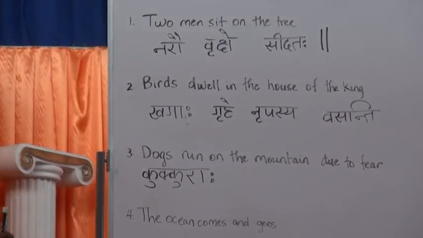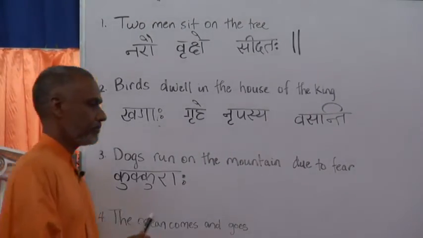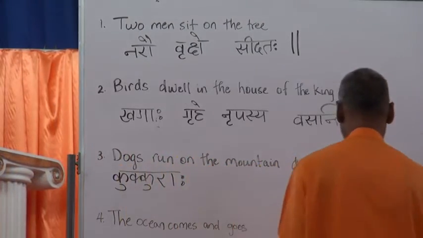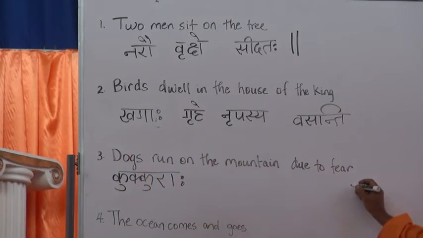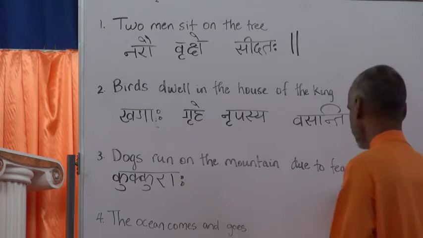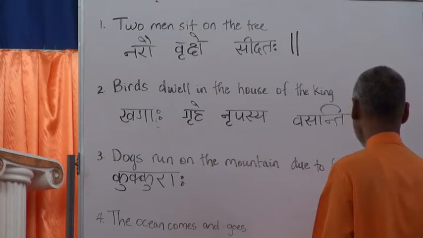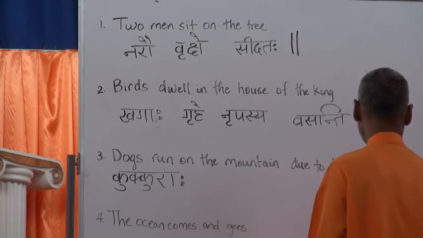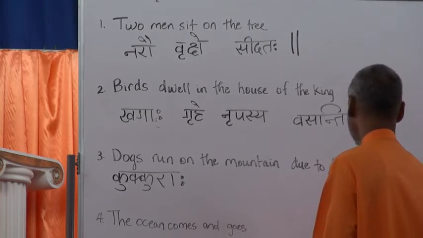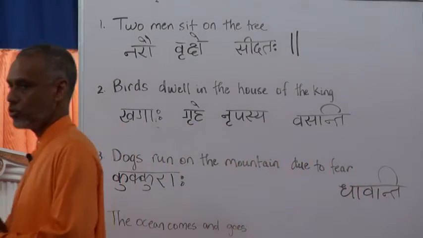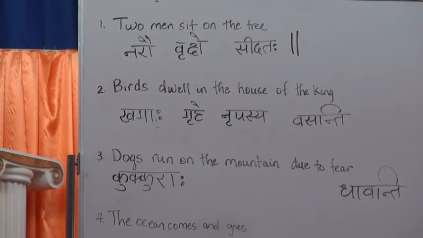Kukuraha. Dogs, what do they do? Run. Which number and person do you want? Third person plural. And what is the root? Dhav. So third person plural of dhav will be? Dhavanti. Okay, dogs run. Where do they run?